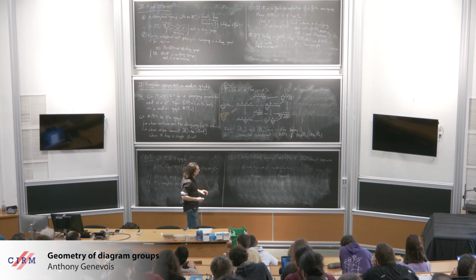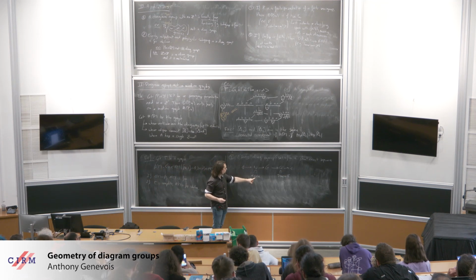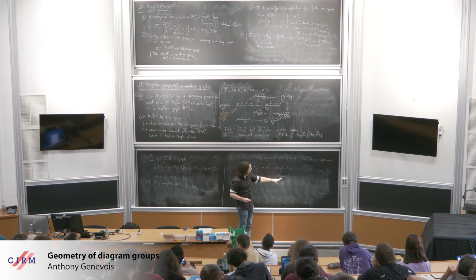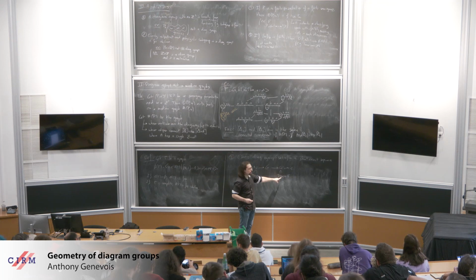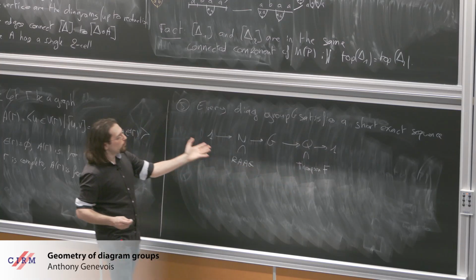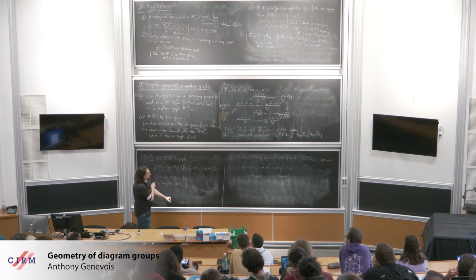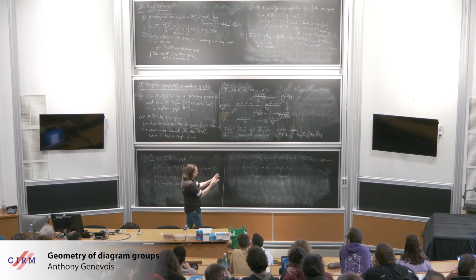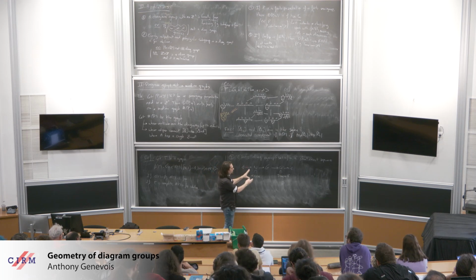On the other side, the class of subgroups of RAGs is really huge. We do not understand them. And the class of subgroups of Thompson's group F is really huge, and we do not understand these groups. So it's an interesting statement, but it does not mean that we understand everything about diagram groups just from this short exact sequence.